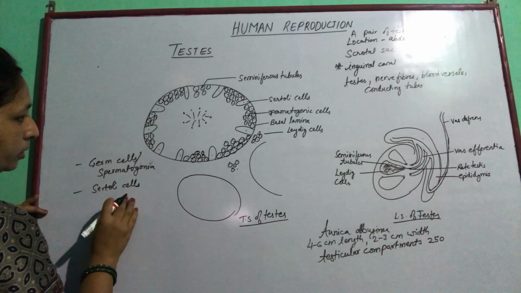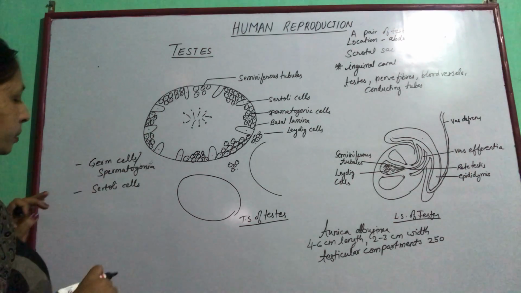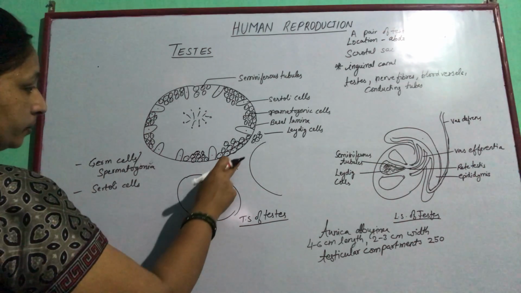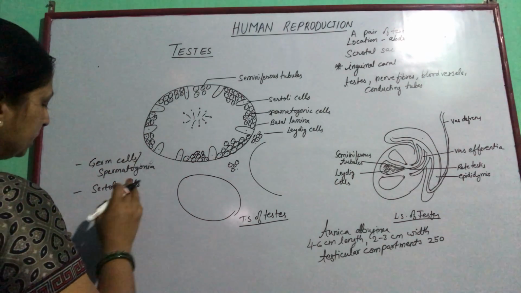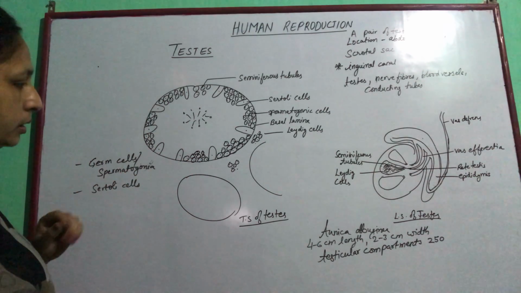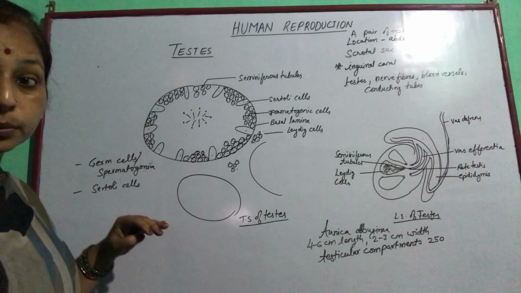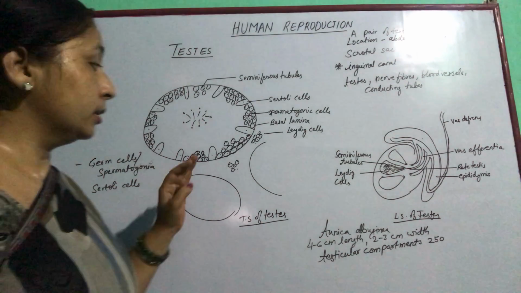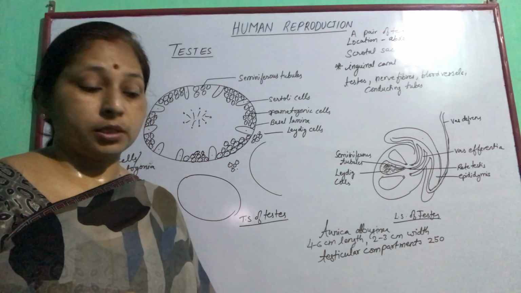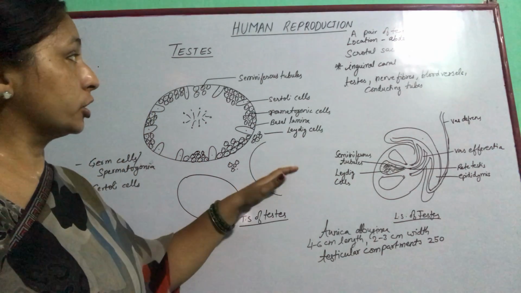Sertoli cells provide nourishment to the developing sperms, while the Leydig cells are present in between the compartments. So this is all about the structure of the testis.